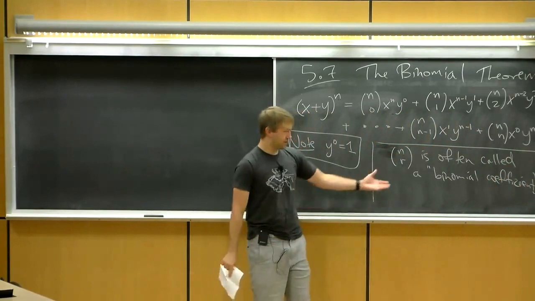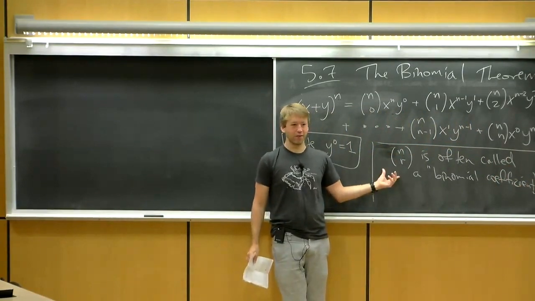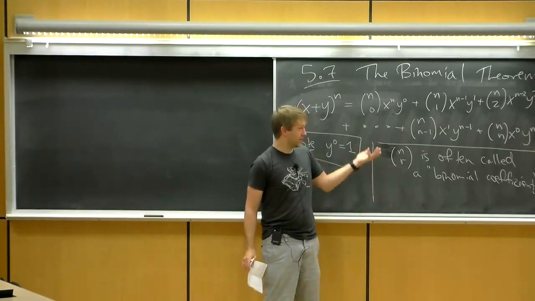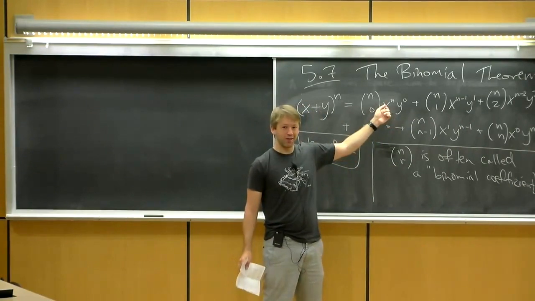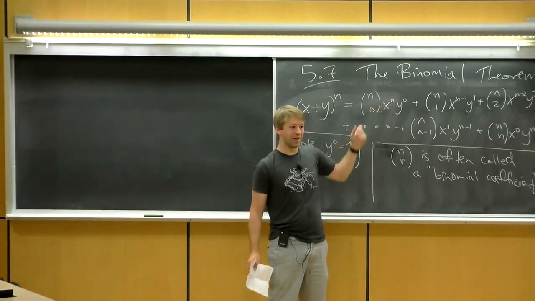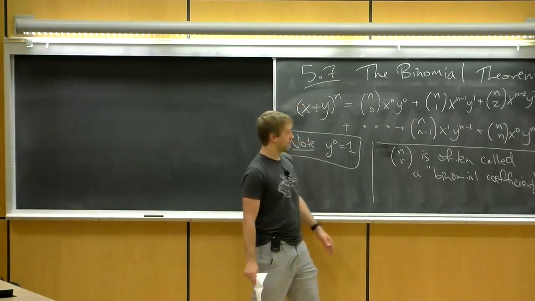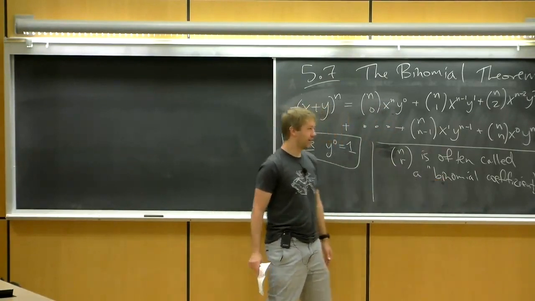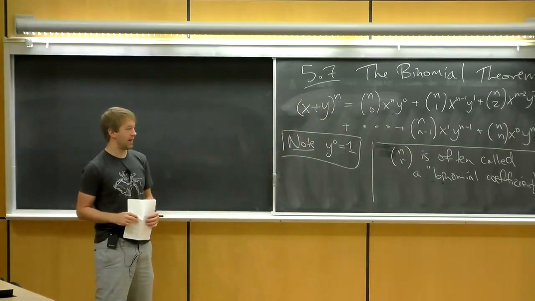So if you hear people talk about binomial coefficients, they're talking about n choose r. The reason it's called a binomial coefficient is because literally, in the binomial theorem, those are the coefficients. The coefficients look like n choose r for different values of r. So this is just a bit of terminology. When you hear binomial coefficient, it means n choose r for some n and r.